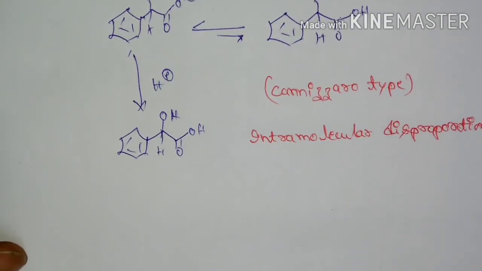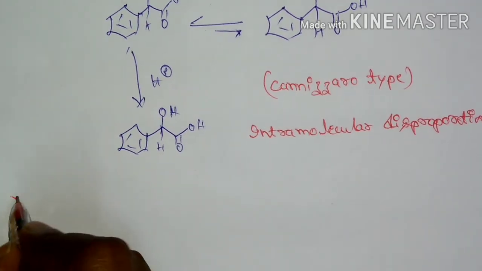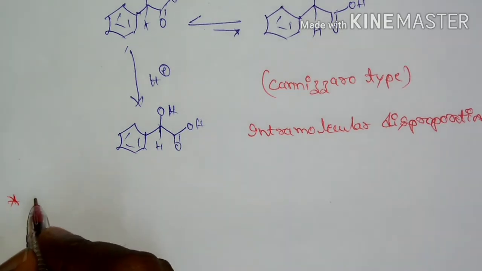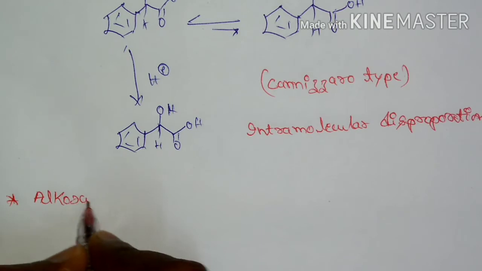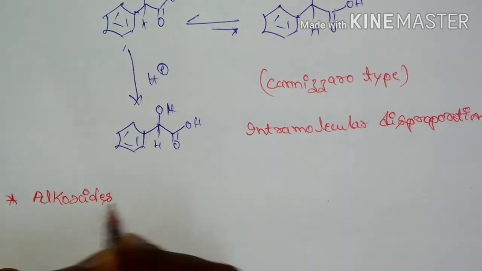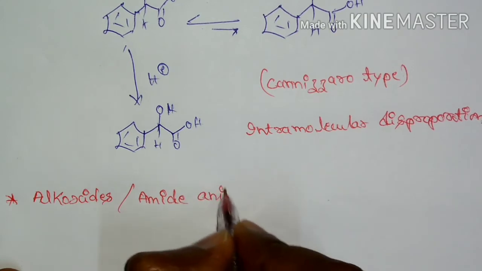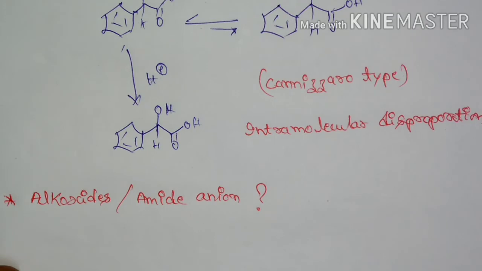Next question is, what happens if we treat the benzyl 1,2-diketone, instead of hydroxide, with alkoxides or amide anion? Is the reaction possible?